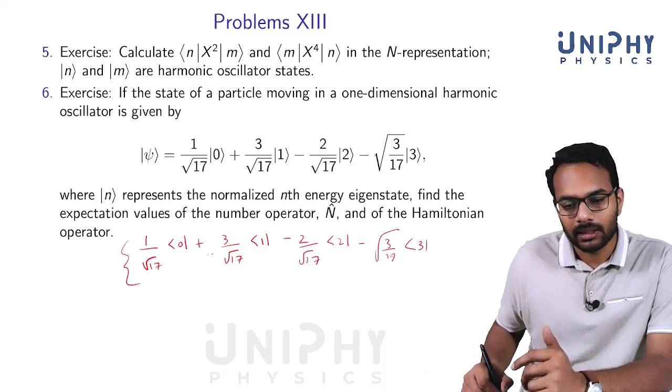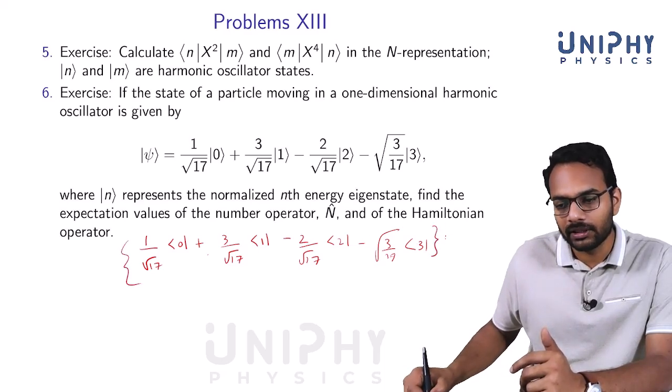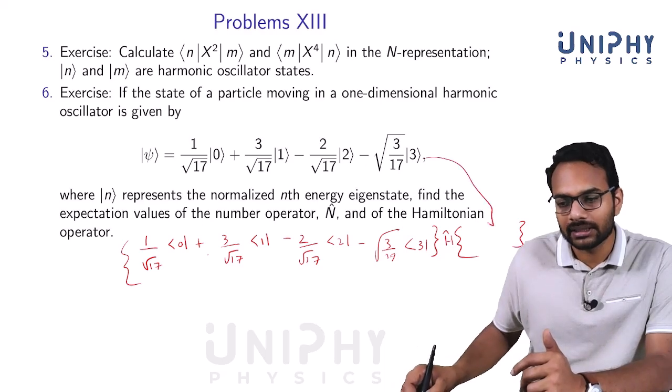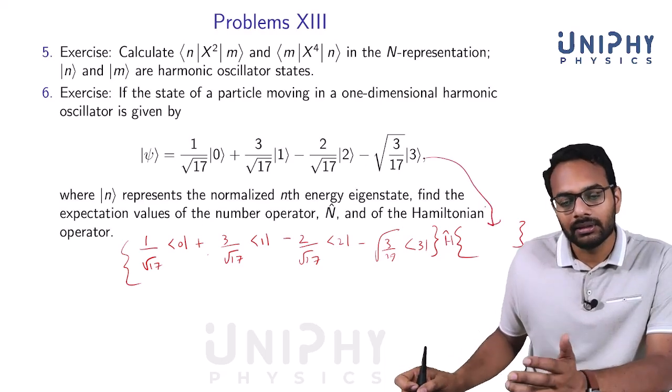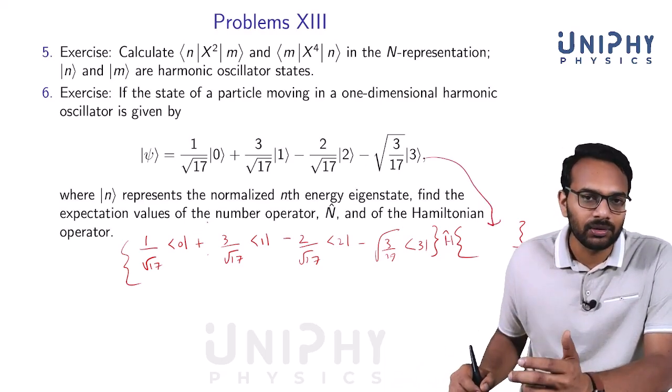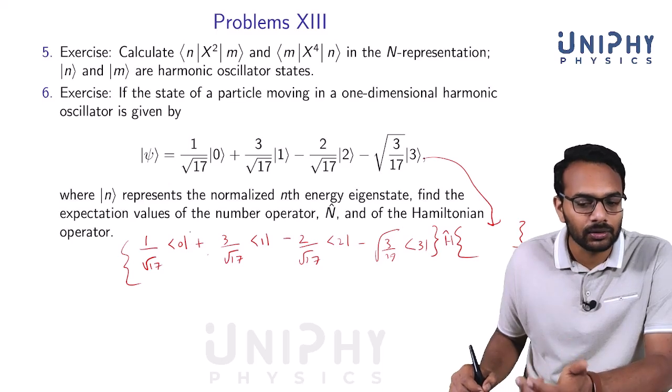Okay, and then you can sandwich the operator, whichever operator you are looking at, and then write the rest of the wave function right here. Right, and you will see that the cross terms will vanish because these are eigenvalues. All right, the cross terms will vanish.